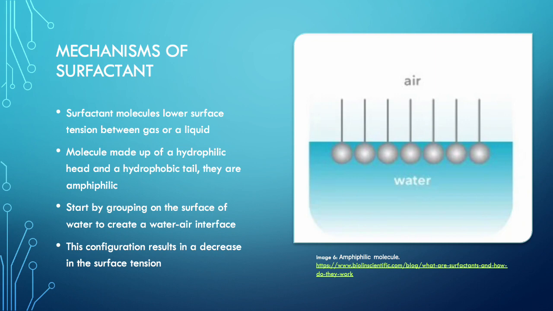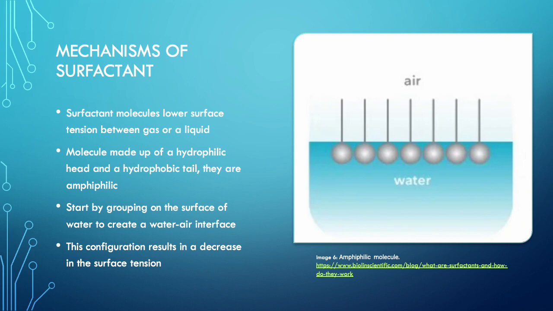Surfactant molecules are molecules that lower surface tension between two materials, either a gas and a liquid. All surfactant molecules are made up of a hydrophilic, or water-soluble, head and a hydrophobic, or oil-soluble, tail, which is why they are known as amphiphilic.